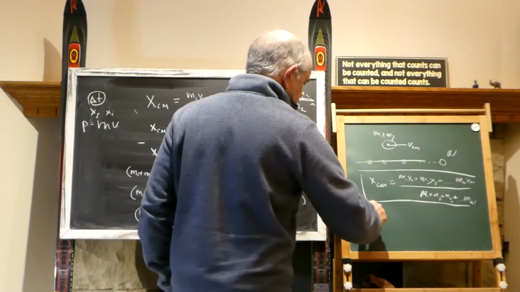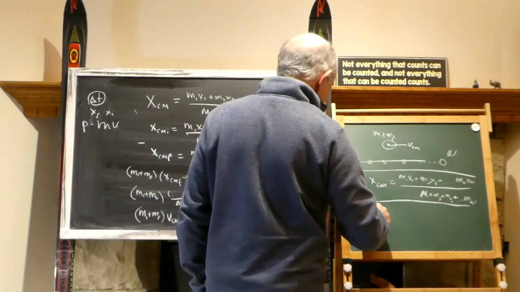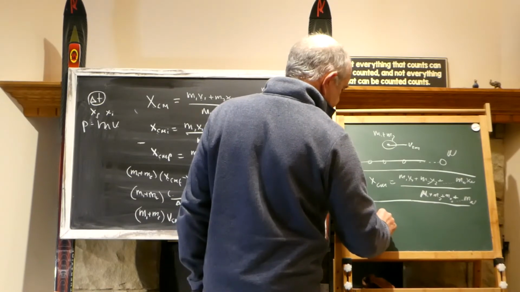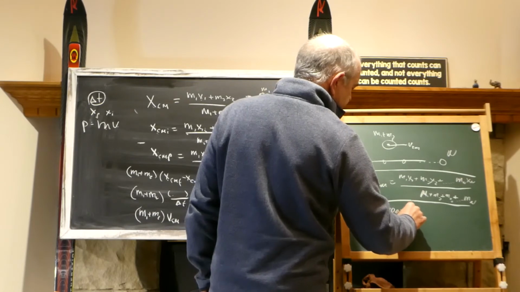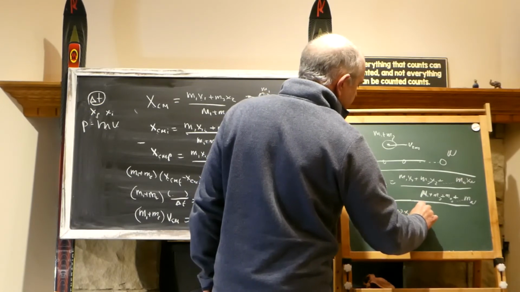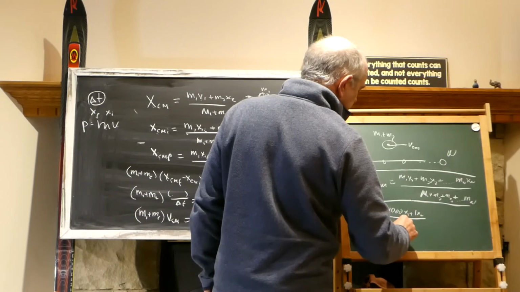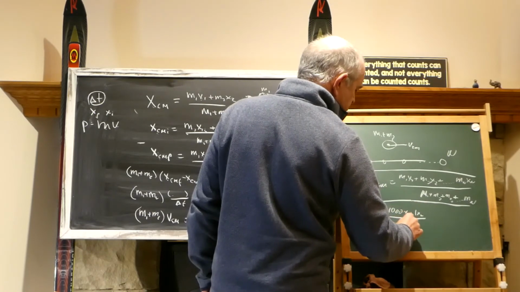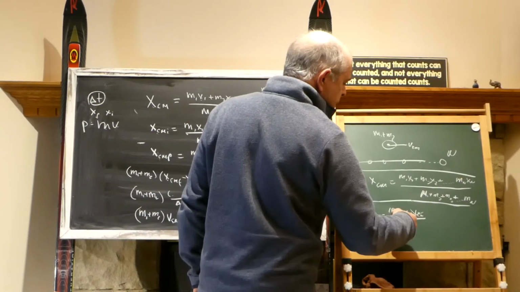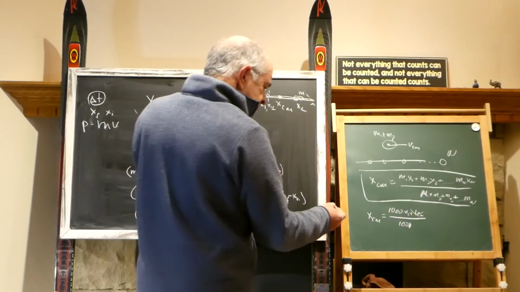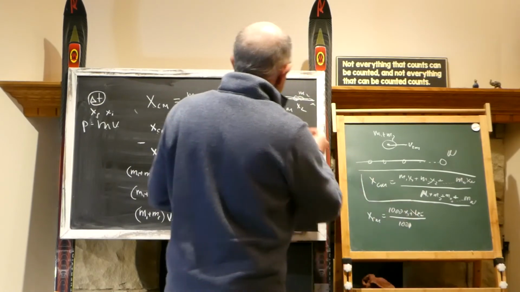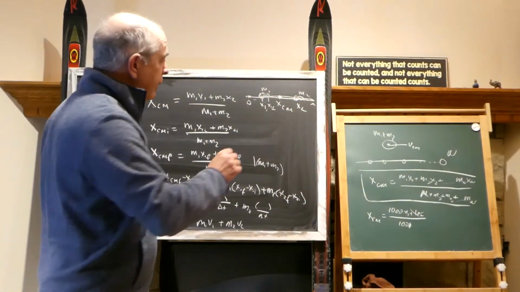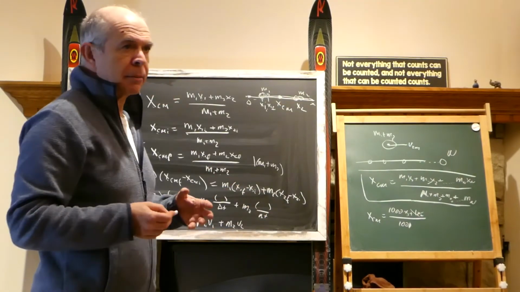For example, if one is 1000 and another is 1, we can have x center of mass equal 1000 multiplied by x1 plus 1 multiplied by x2, and here would be 1001, the sum of two masses. So this would be negligibly small. And the coordinate of center of mass would be very close, practically the same as x1. It would be a little bit different. This one will influence the position of the center of mass.